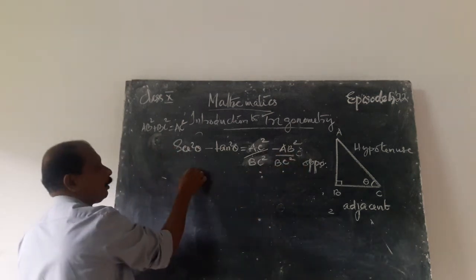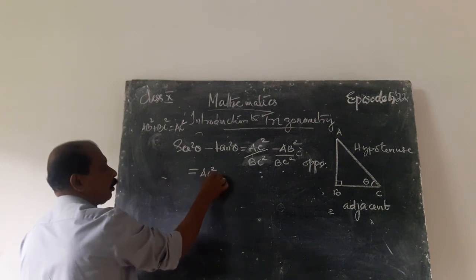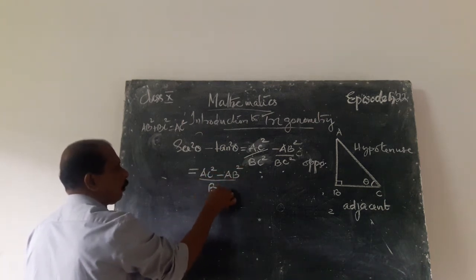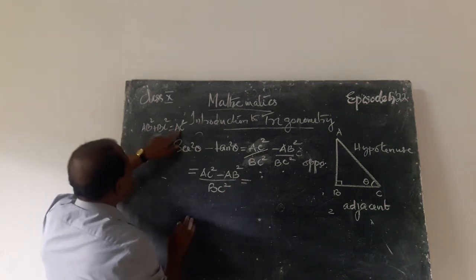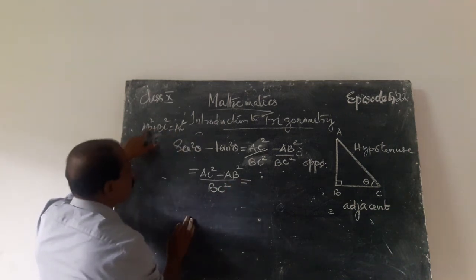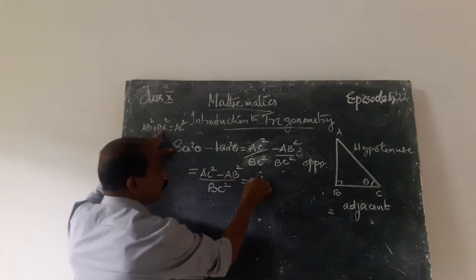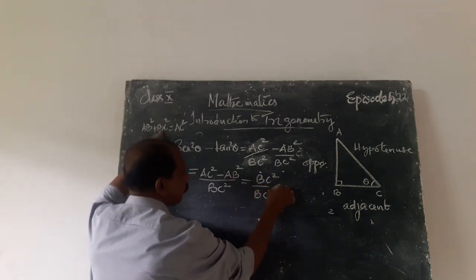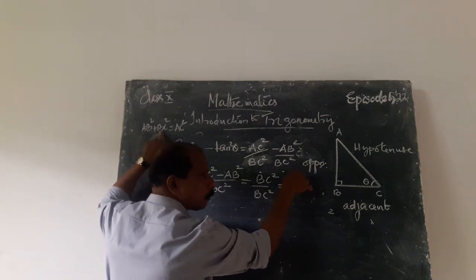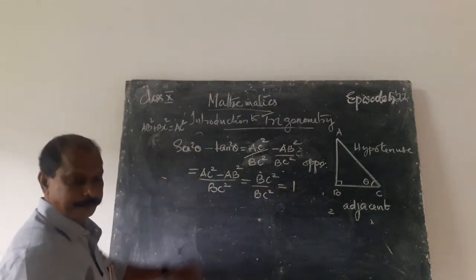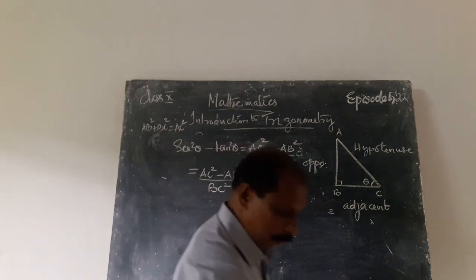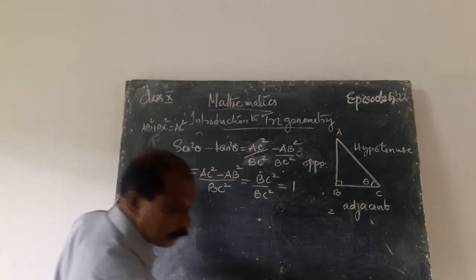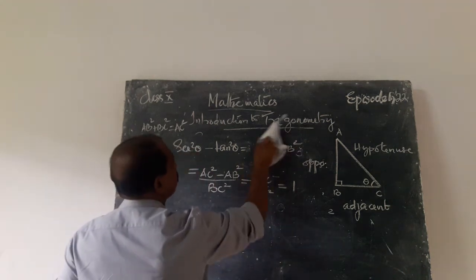Therefore, same denominator, that is AC square minus AB square by BC square is equal to, what is AC square minus AB square? That is BC square. This is what? 1. Therefore, sec square theta minus tan square theta is equal to 1.